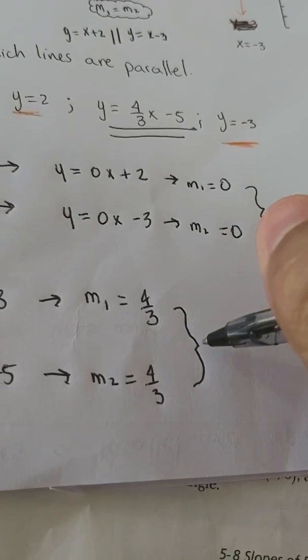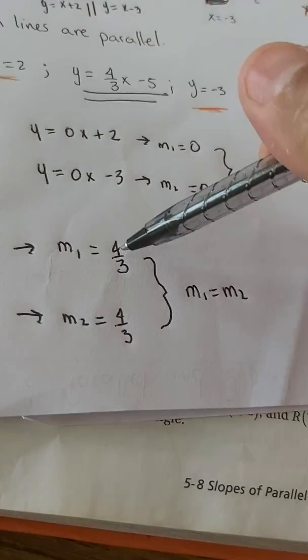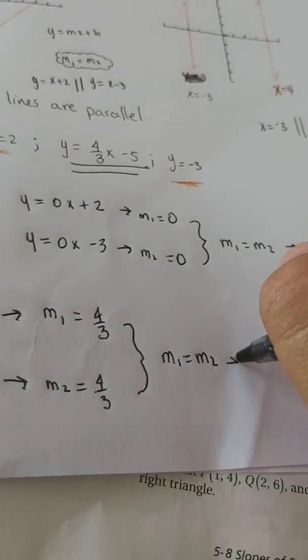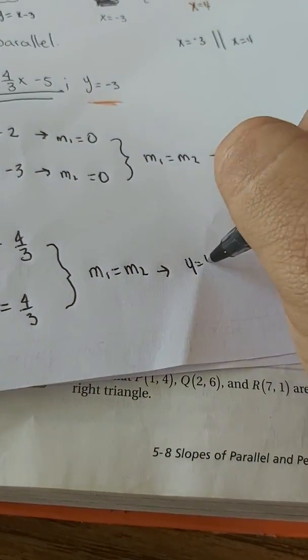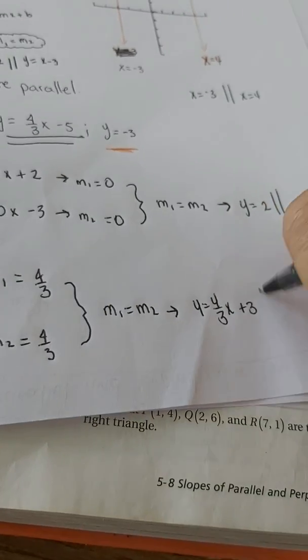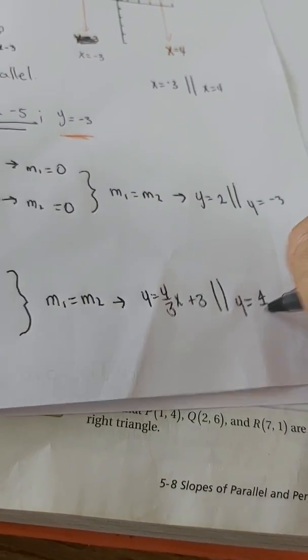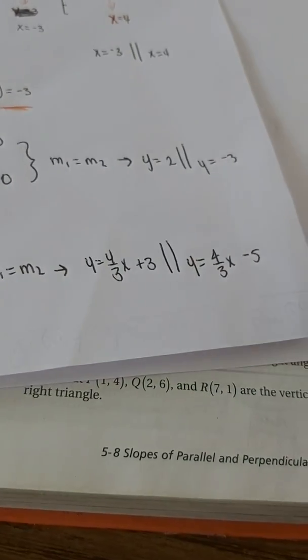So here we can state that m1 equals m2. They're both 4/3. So we can say now that y equals 4/3 x plus 3 is parallel to y equals 4/3 x minus 5.